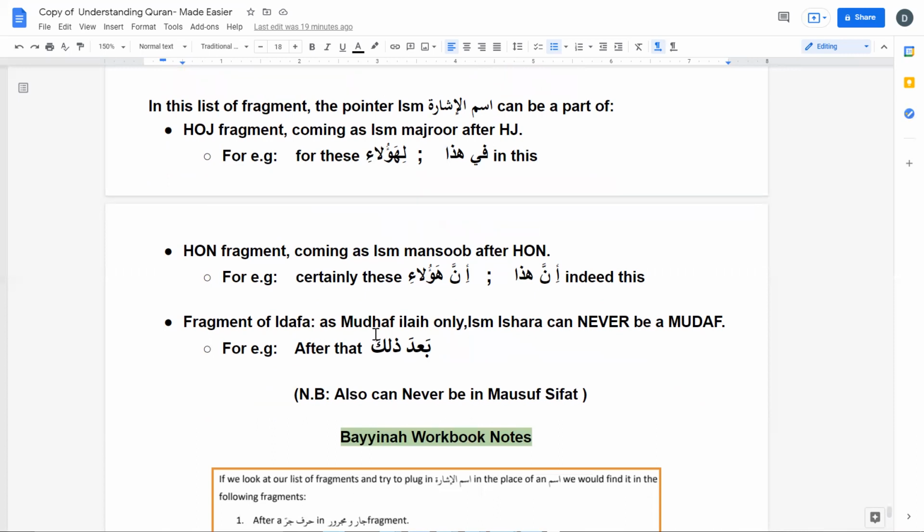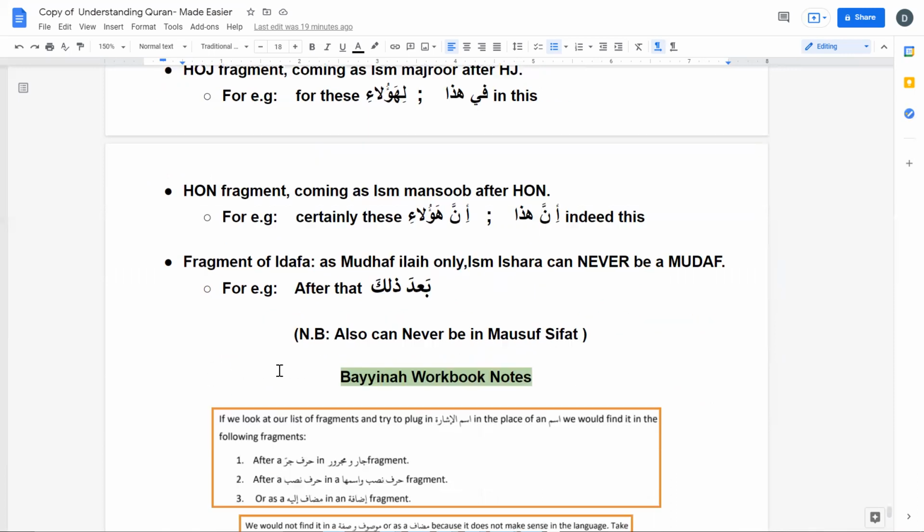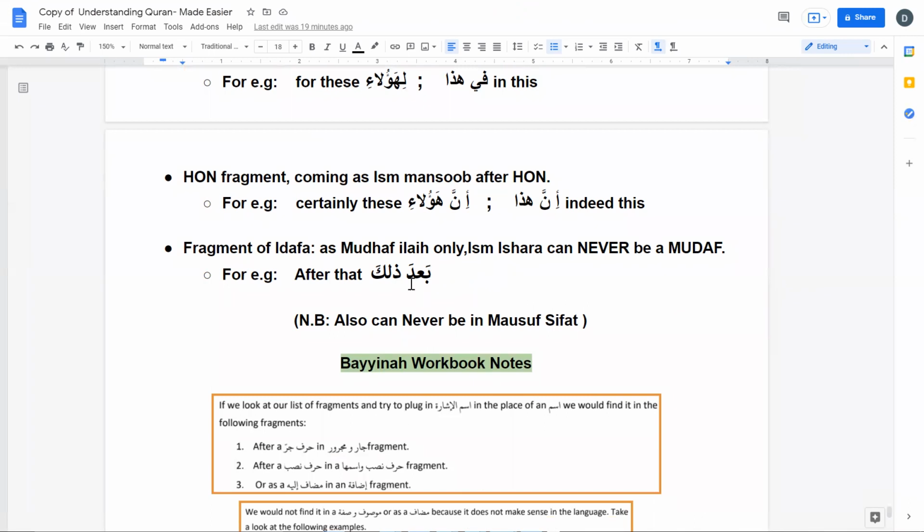In fragment of idafa, it can only come as mudaf ilayh. Ism ishara can never be a mudaf. Just keep in mind, ism ishara can never be a mudaf. For example, see, ba'da dhalika. Ba'da is a special mudaf. We know that ba'da, fawqa, tahta, these are special mudaf.